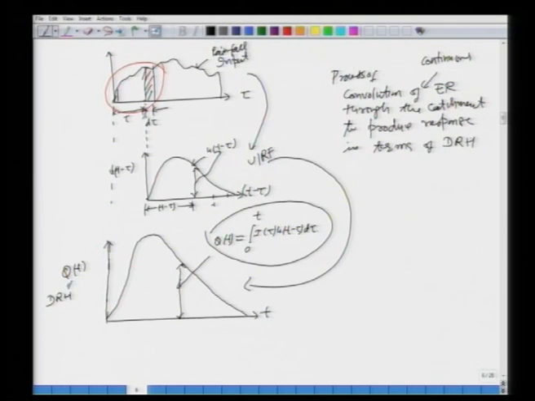Okay. This is an extremely important process. All right. It is the basis of all of your rainfall runoff models.